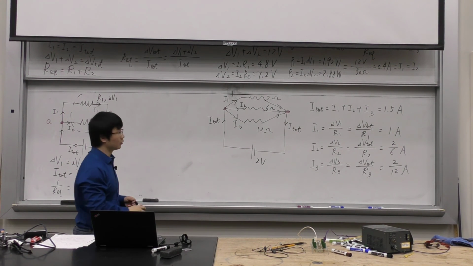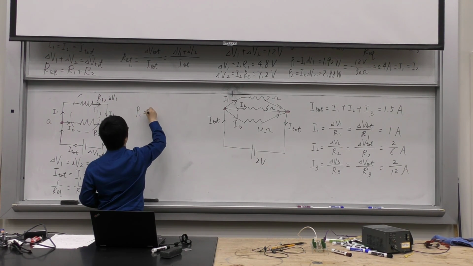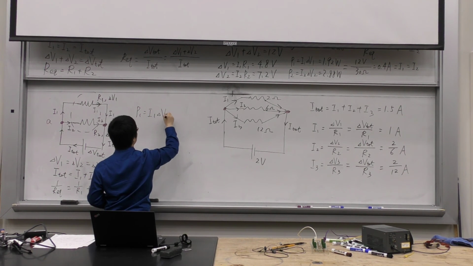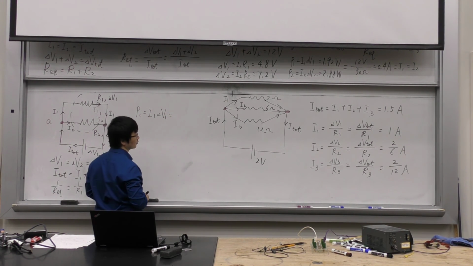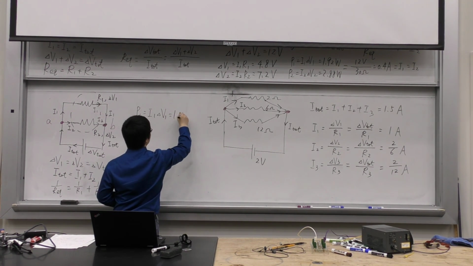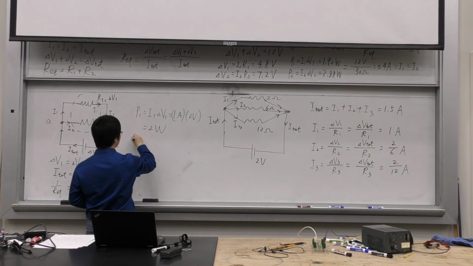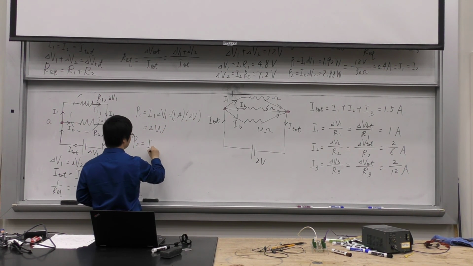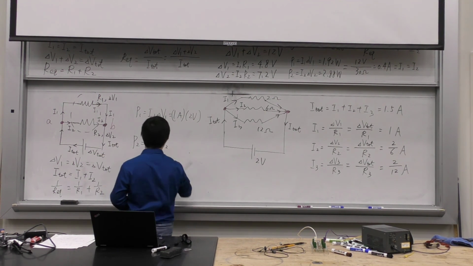All right, so what do we get? I'm just going to do I1 times V1. I already have these 2 numbers: 1 amp times 2 volts. So that's going to be 2 watts. You do the same thing for the second one.